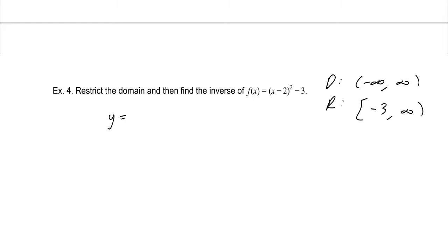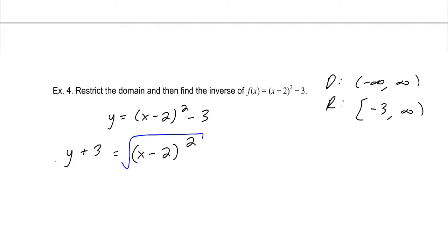Let's take that fact, and then take y equals (x minus 2) squared minus 3. Adding 3 to both sides, y plus 3 equals (x minus 2) squared. Taking the square root, the square root of y plus 3 equals x minus 2.